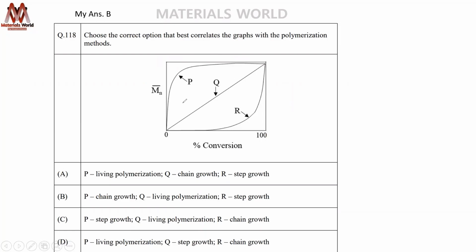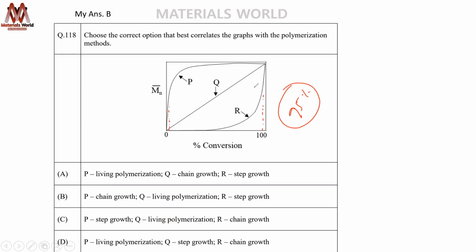So, for chain growth, at very small conversion, you may get very high molecular weight. That is because it is chain growth. In step growth polymerization, you need to have very high conversion, greater than 95%, to get let's say 20-mer or 30-mer, that means chains of 30 or 50 or 100 mers.